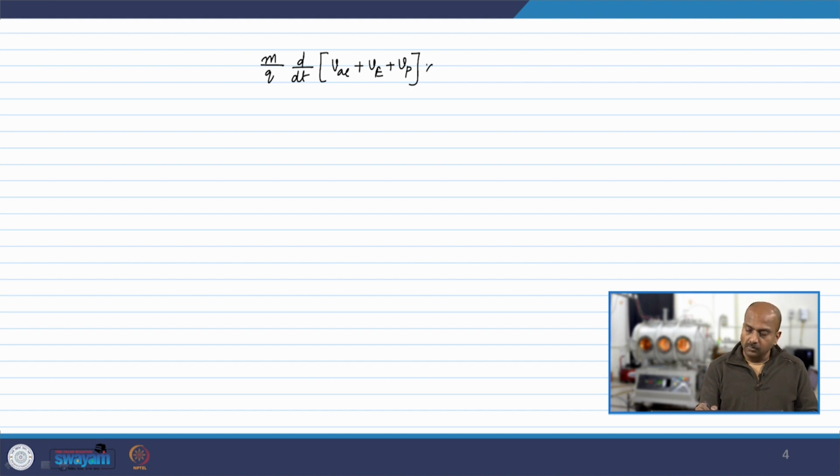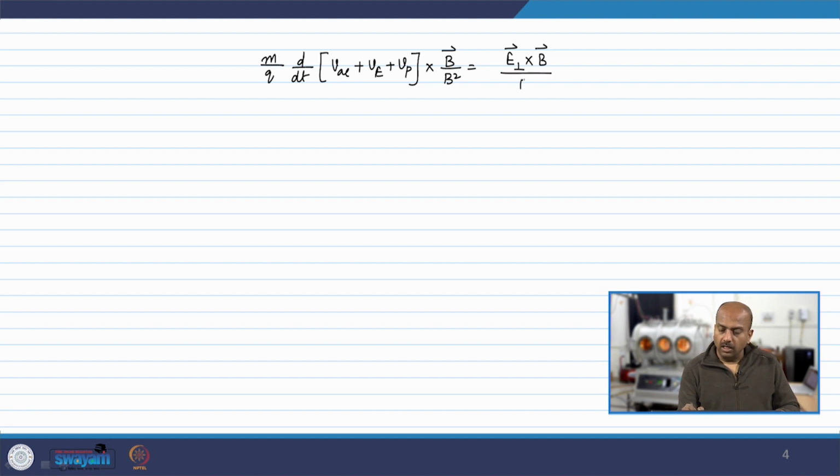Now when we do that, what we have is a bit lengthy equation: m by q d by dt of, it should be substituted on both sides, right, V_AC plus V_E plus V_P cross B by B square is equal to E perpendicular cross B by B square minus V_AC minus V_E minus V_P.